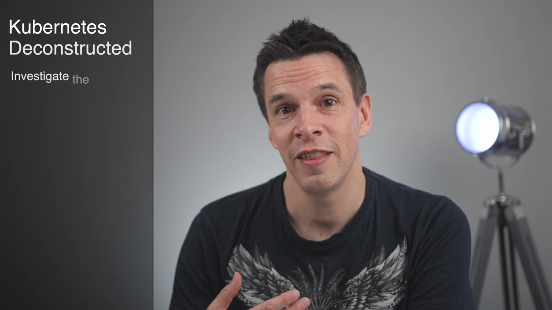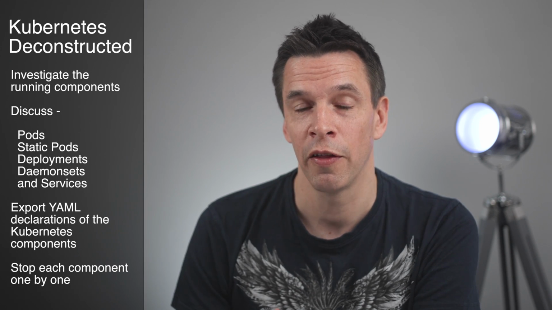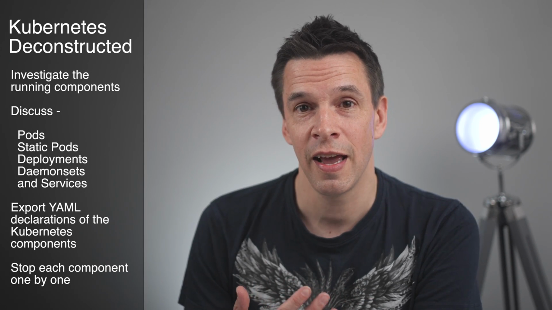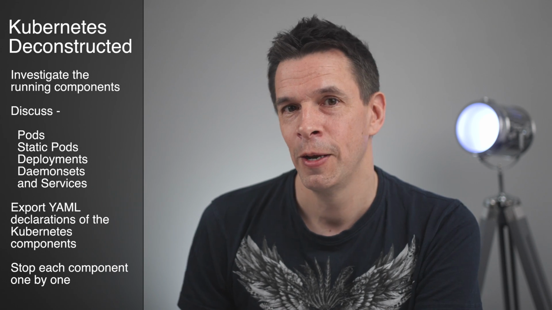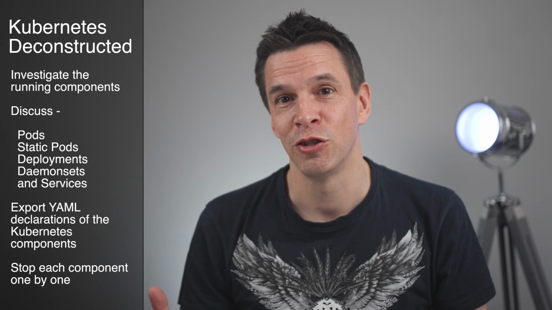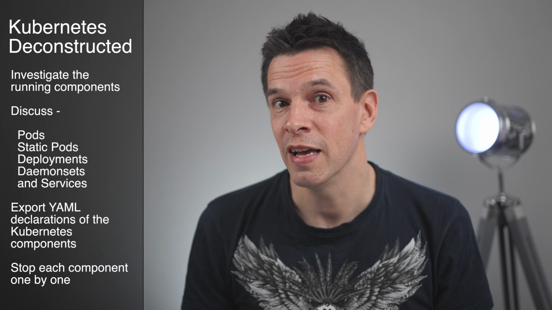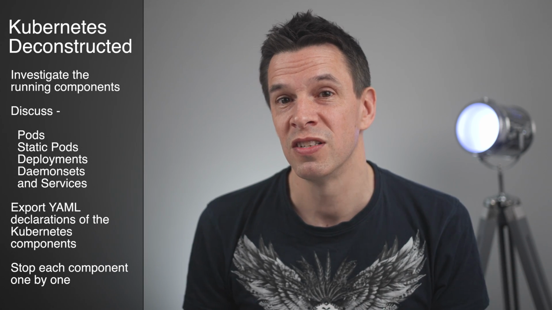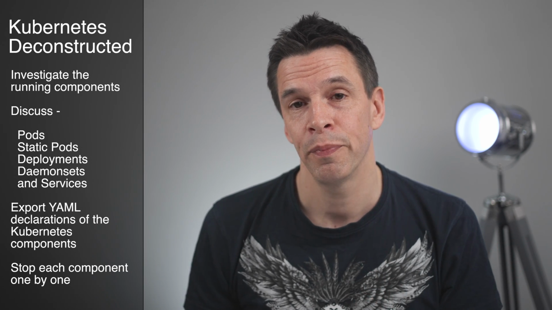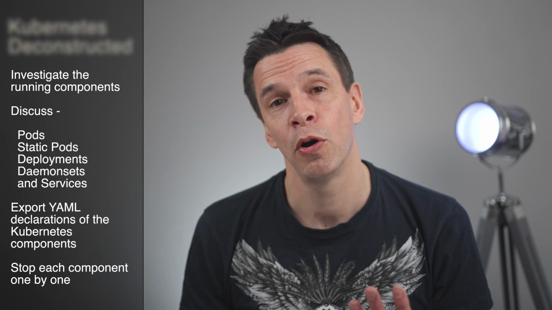Then, and this is where this is different to other courses, we're going to tear all of this down, and I don't actually mean nuking this here. We're going to actually take these components down systematically, but in a way where we can easily put them back for learning purposes.